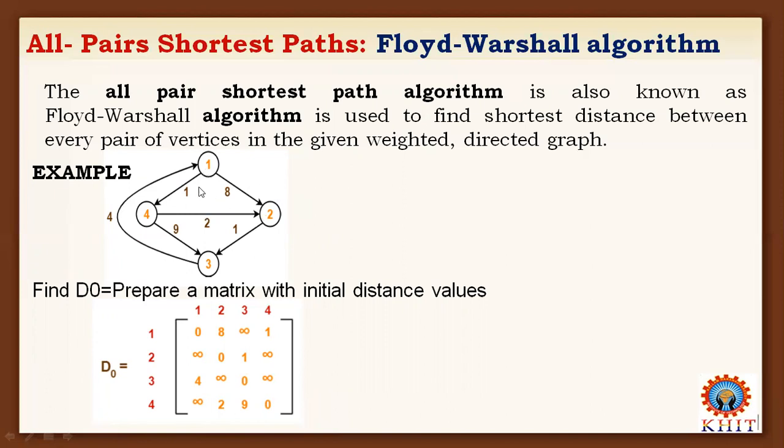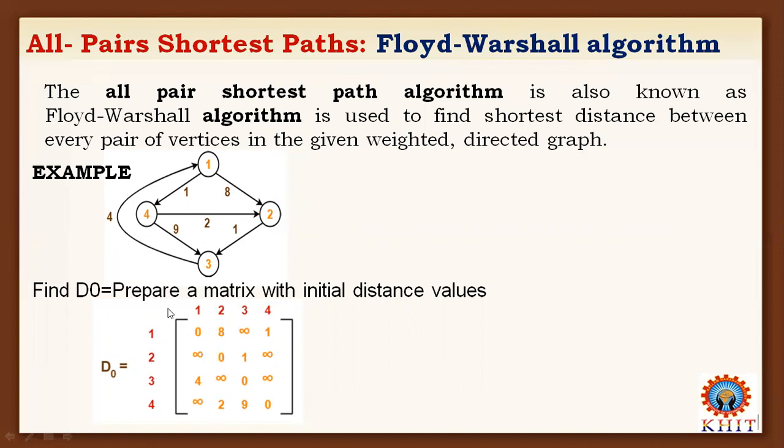What is the size of the graph? The total number of vertices in the given graph is 4. Hence the size of the matrix is 4 by 4, that means 4 rows and 4 columns.